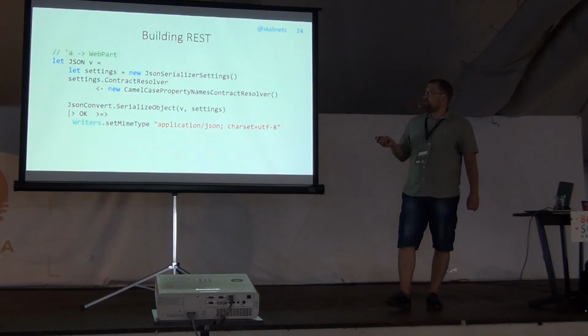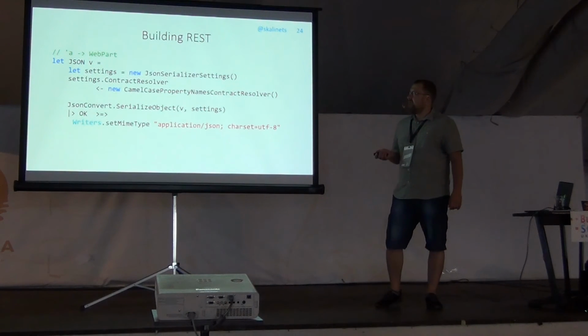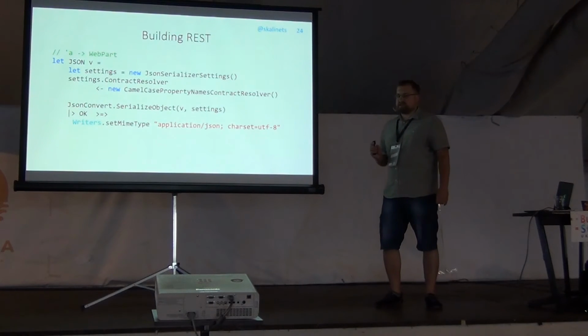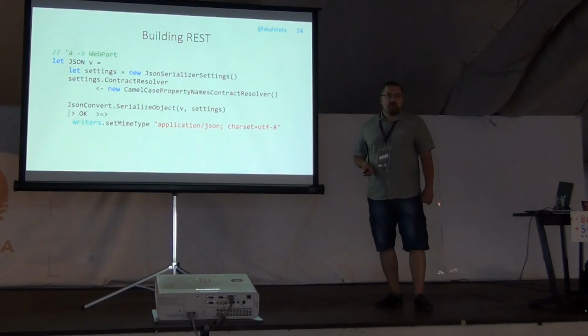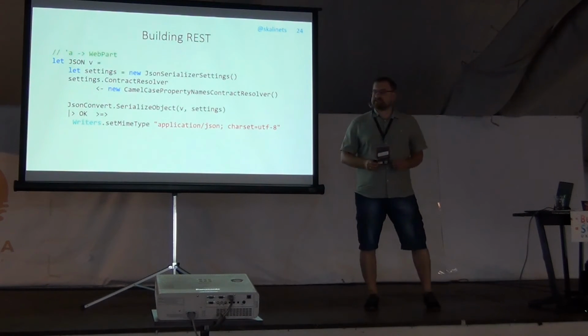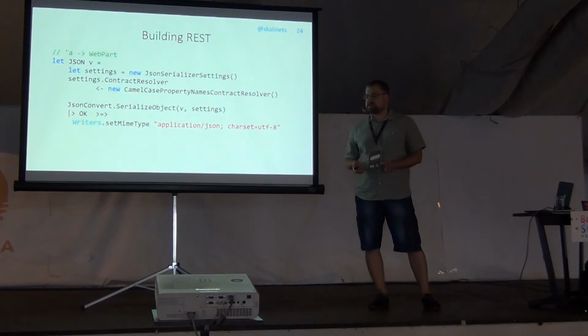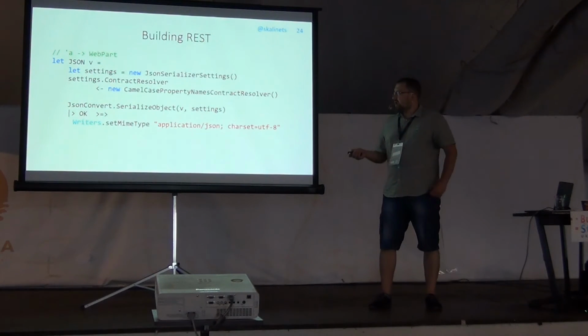So we are making a web part again that accepts some arbitrary value. So it's some value with unknown type. It's kind of generic. You don't know the type of the V in this case. And we are creating JSON serializer settings from Newtonsoft JSON. We are setting the policy that all the values should be camel case. We are calling JsonConvert serializing this object and returning this as an OK result.